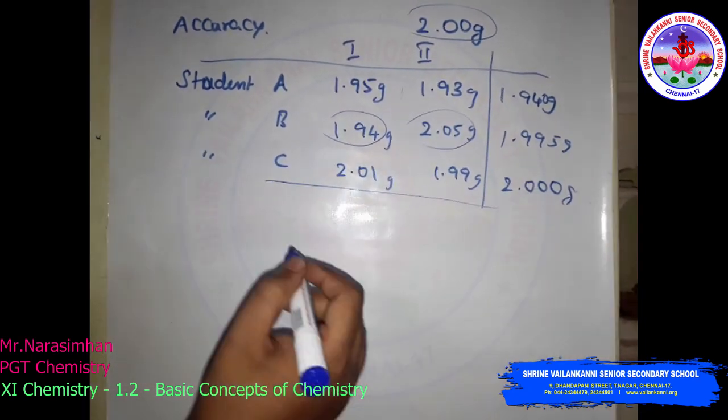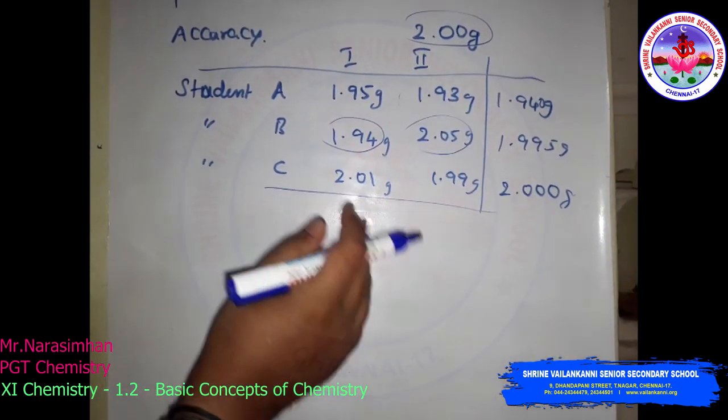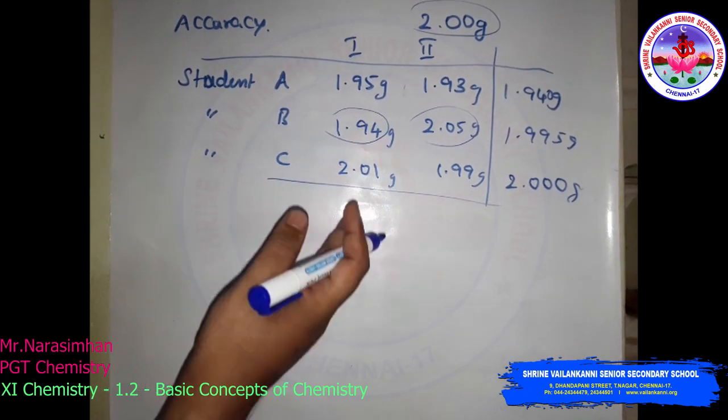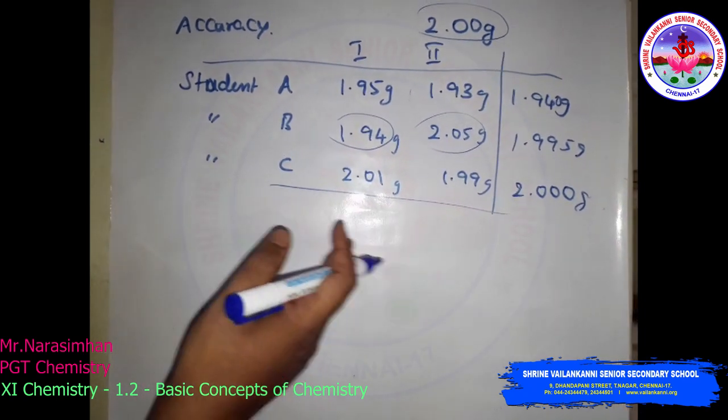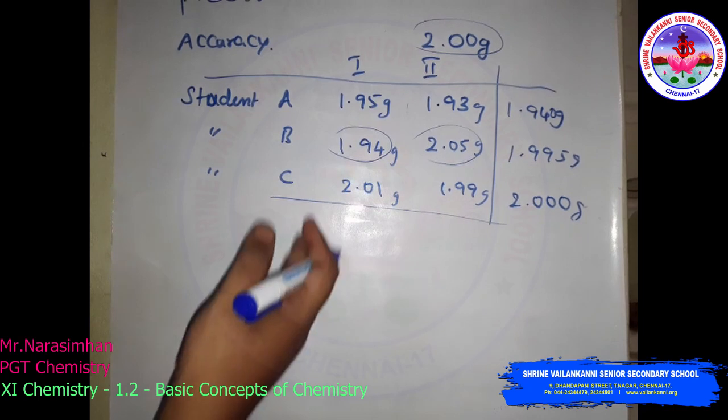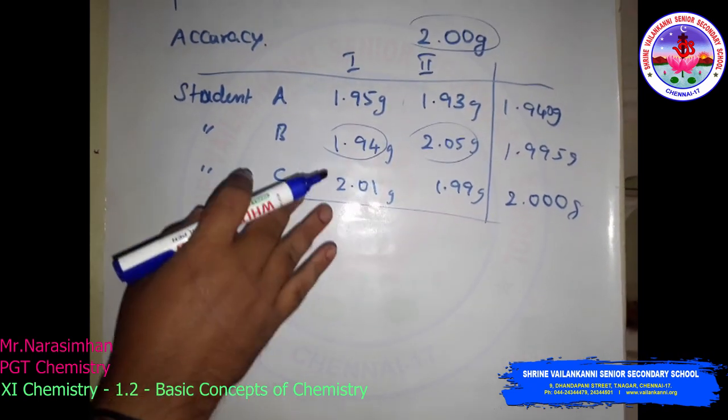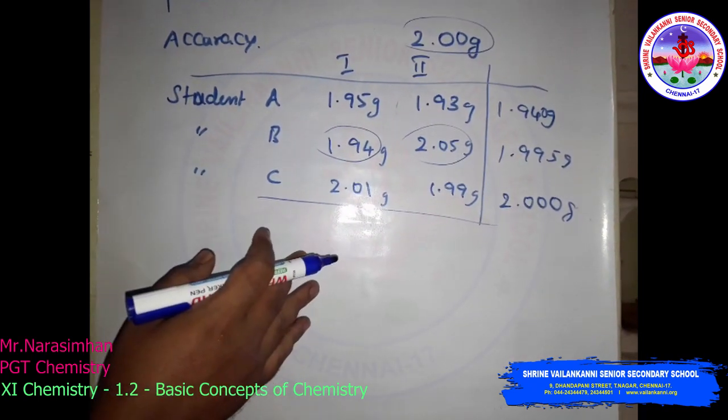Okay, student C: the uncertainty in the experimental or calculated values is indicated by mentioning the number of significant figures. So this is called significant figures.